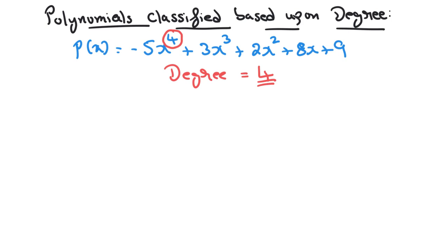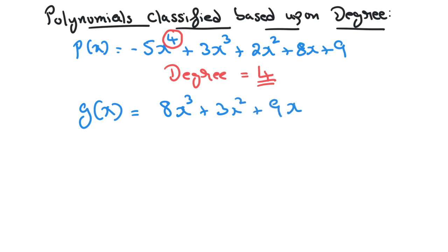Okay, with this understanding, can you tell me what will be the degree of this polynomial? 8x cubed plus 3x squared plus 9x to the power 10, for example. So what is the degree of this polynomial?